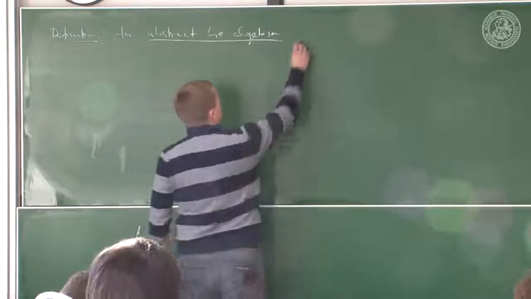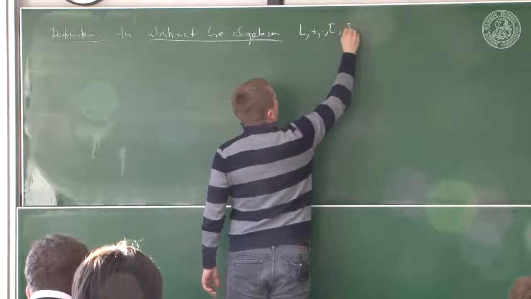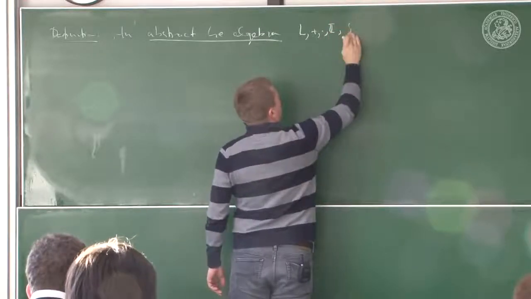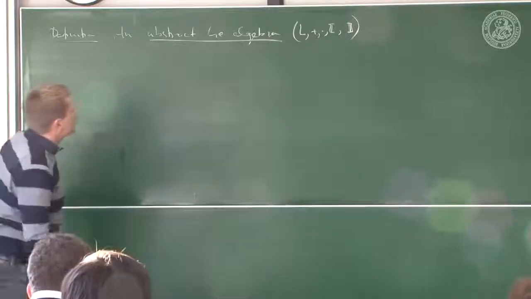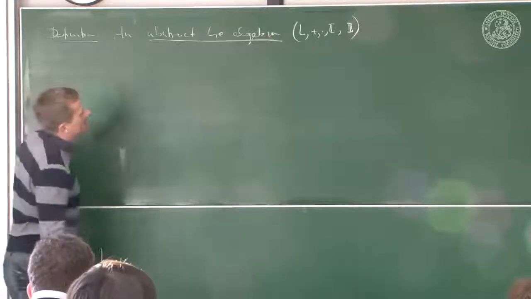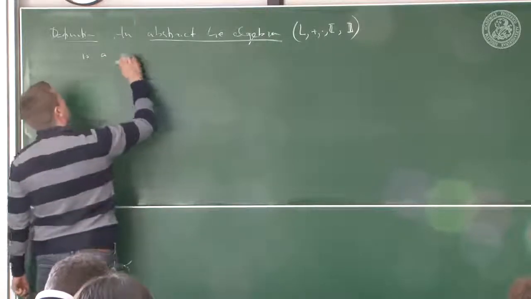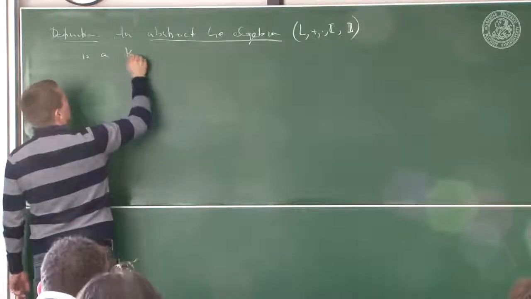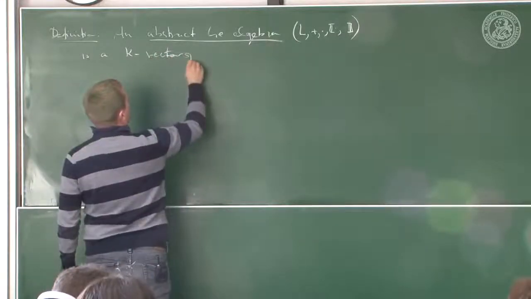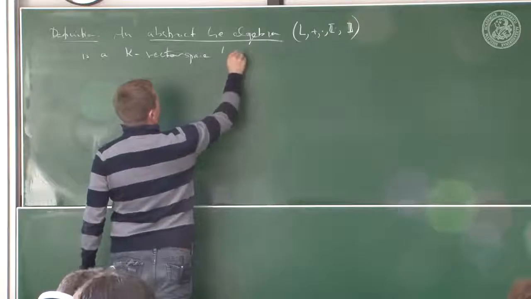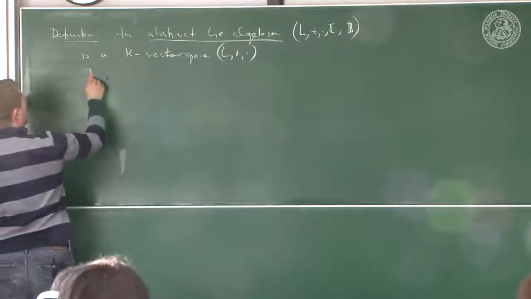An abstract Lie algebra, L plus scalar multiplication, and let me write another bracket than we used so far. Let me write a double bracket. An abstract Lie algebra, L plus scalar multiplication and double bracket, is a K vector space. It doesn't matter whether it's real or complex.